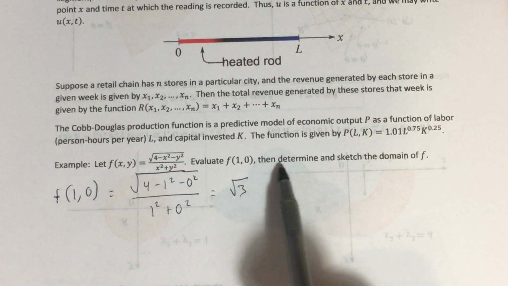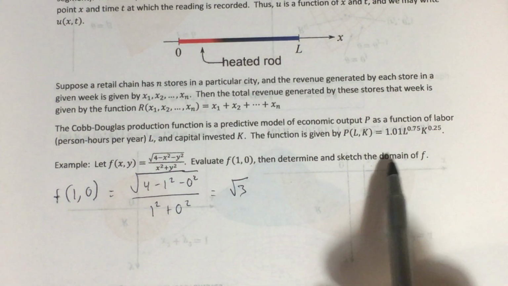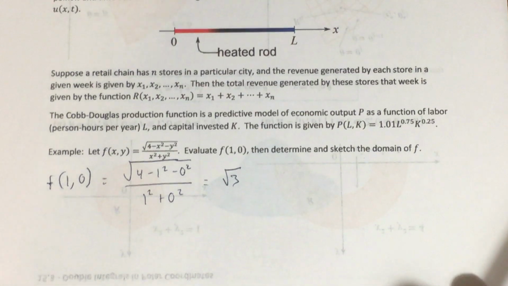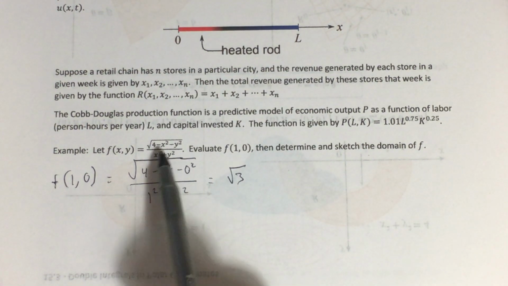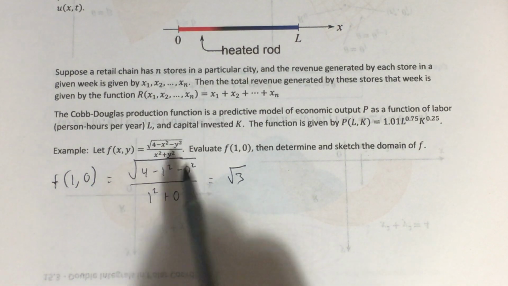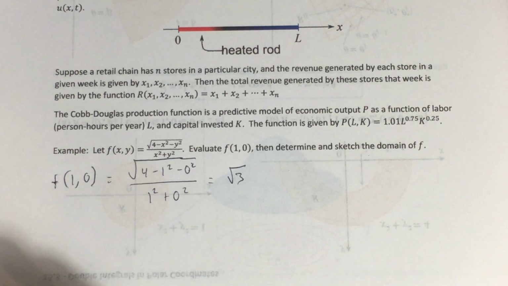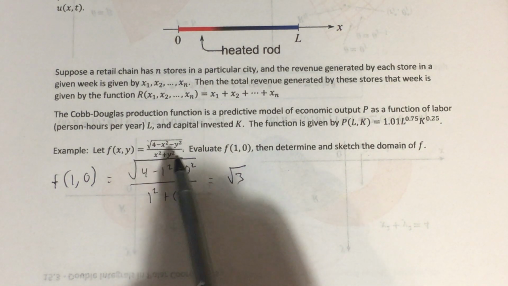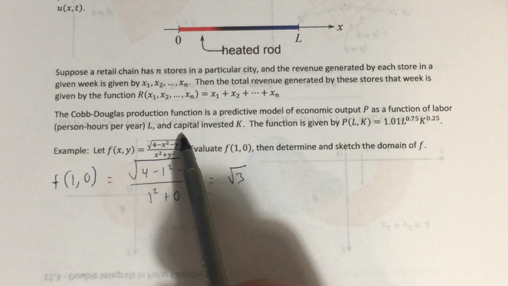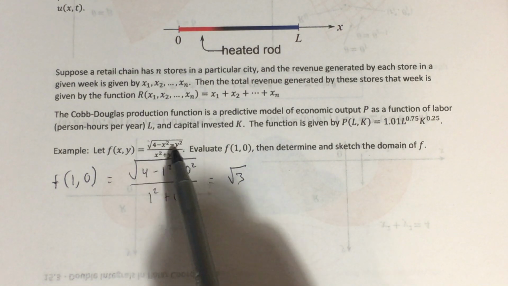Next thing it asks us to do is to determine and sketch the domain of f. Remember, the domain is the set of all ordered pairs x, y that can be plugged into this function. And as is the case in an algebra class, when you're trying to determine the domain of a function, oftentimes it's helpful to look at what things you can't plug in first. So starting with my numerator, I have this radical here.